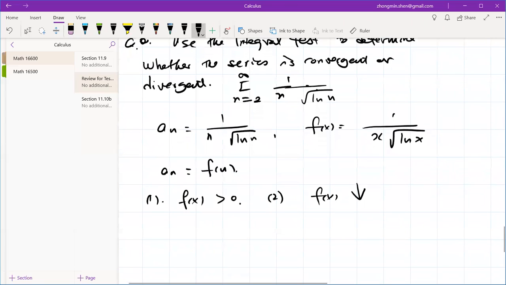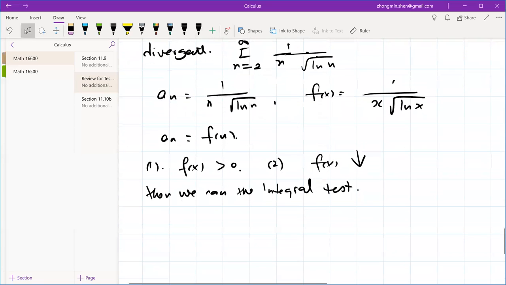So then we can use the integral test because those two conditions are satisfied. All right, so we have to look at the integral from 2 to infinity.